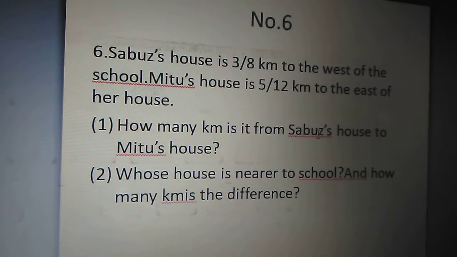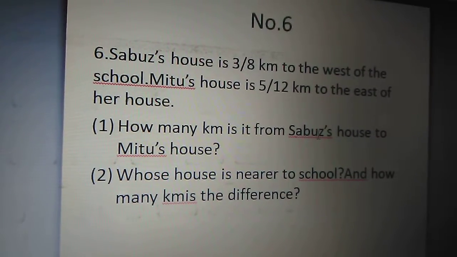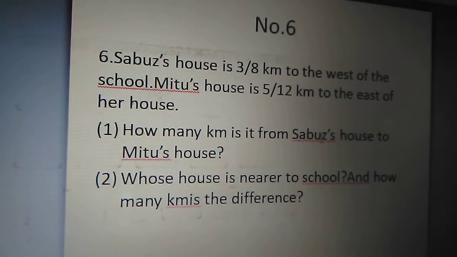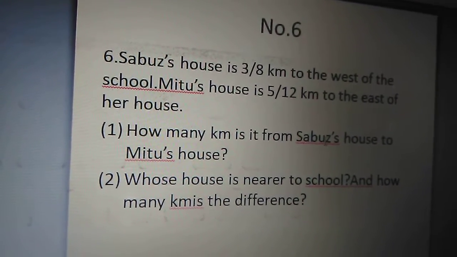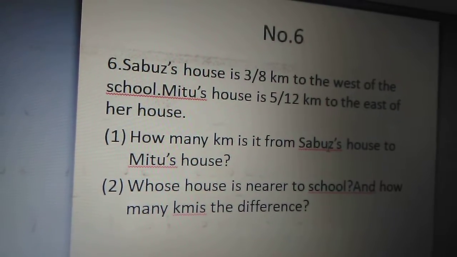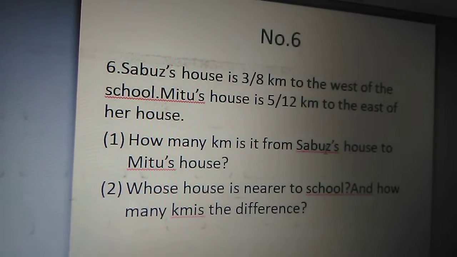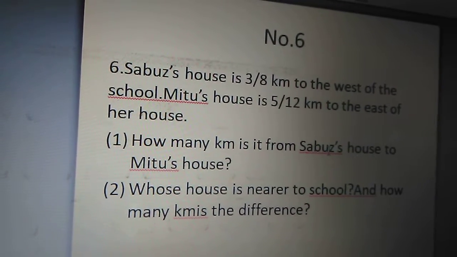And this total distance will be the distance from Shobu's house to Mitu's house. In that way, you can get the solution of the first part of question 6. Next, go for the second part.